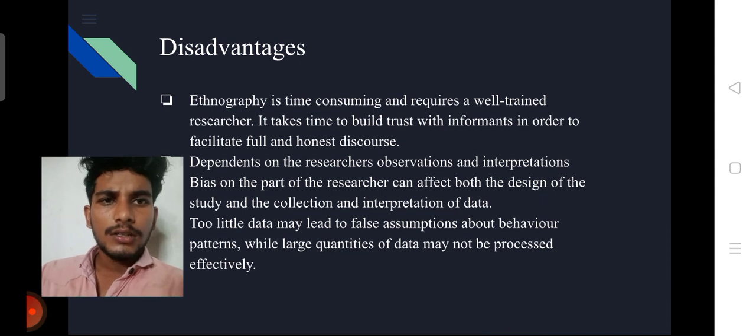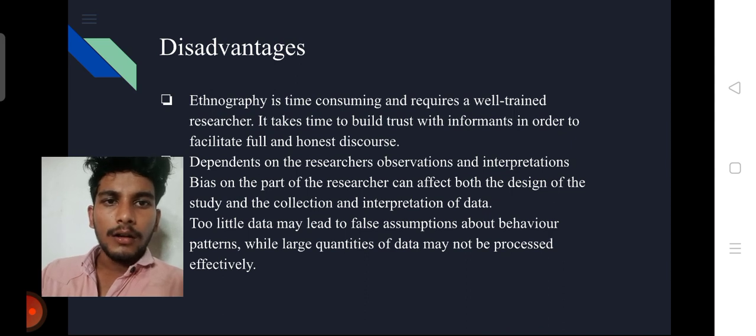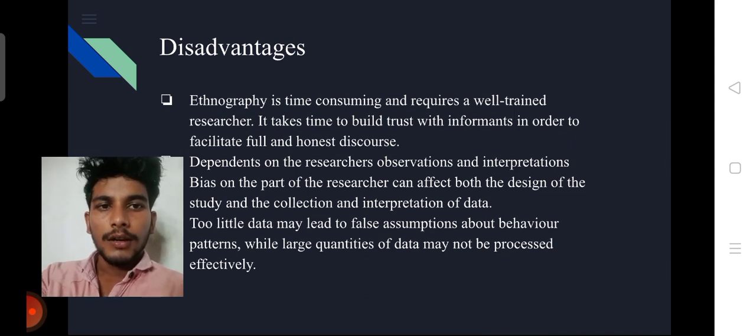So the output of research will depend upon the researcher's observation and interpretation of the population, the participants in a community.